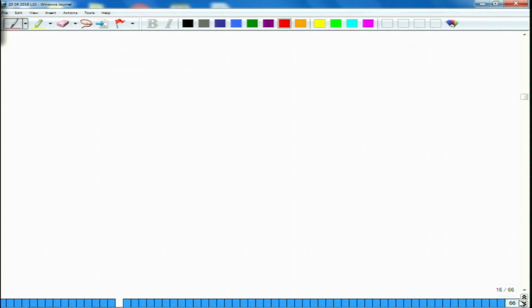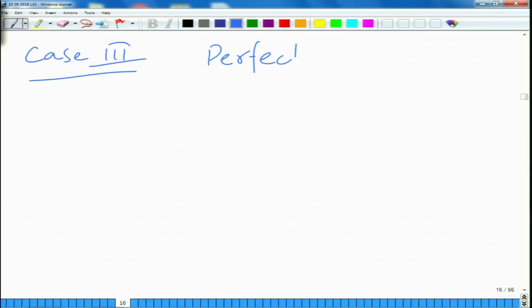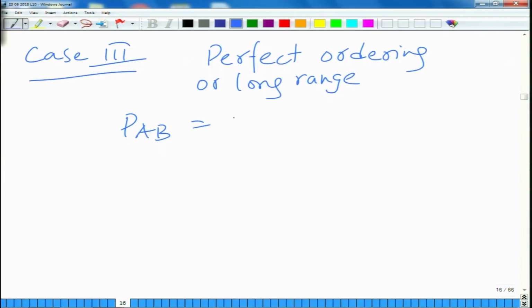And of course, perfect ordering will be case 3, perfect ordering or long range ordering. In that case, PAB observed would be the same as PAB max.